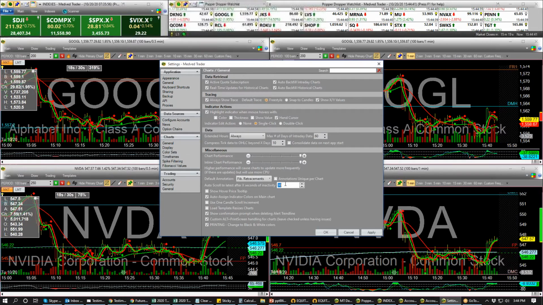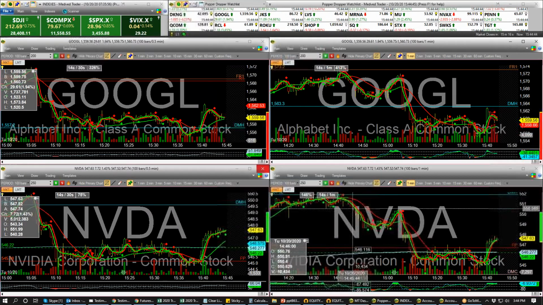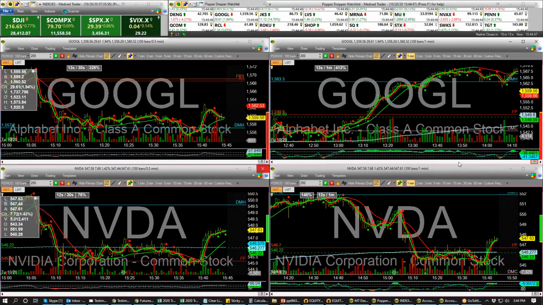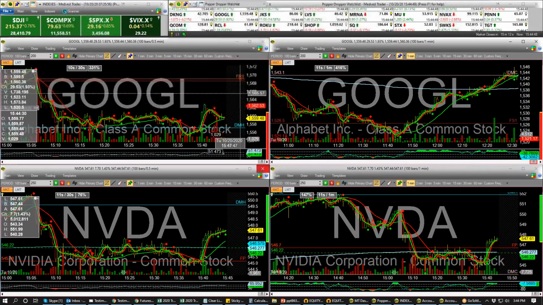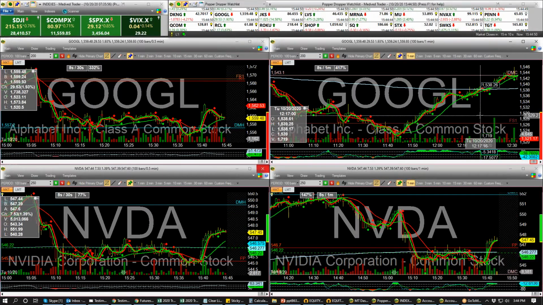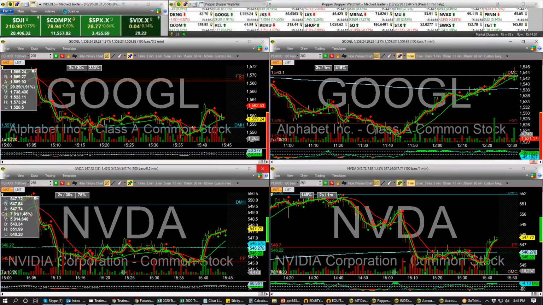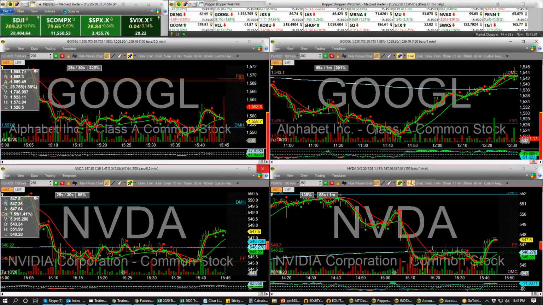I'm going to set it to 30. If I scroll back to look back, sometimes you'll forget that you did that on a chart. Now you can see that it's in red. The little scroll bar turns red when you're backwards.